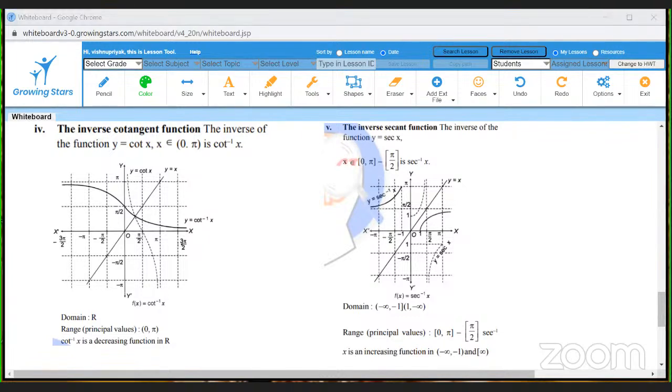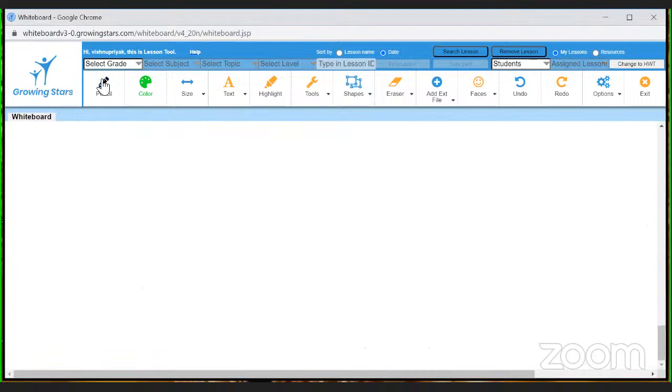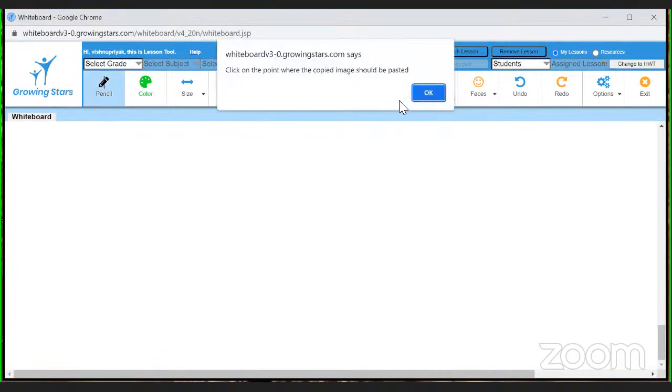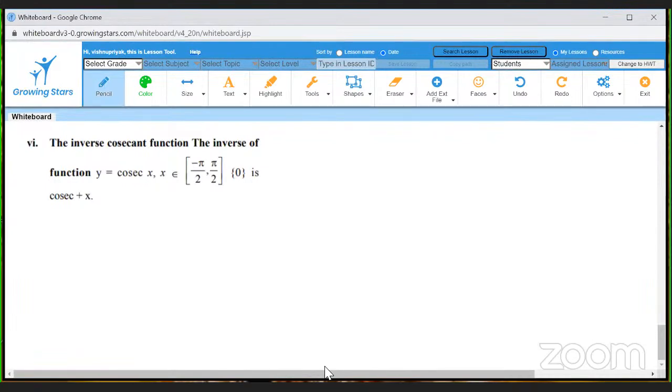Now the only one left is cosecant inverse, which I am putting down. The last one, cosecant inverse.